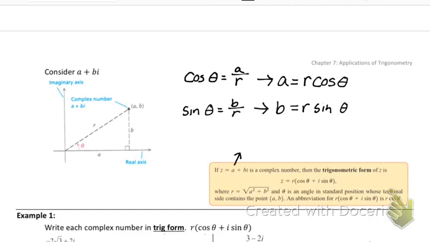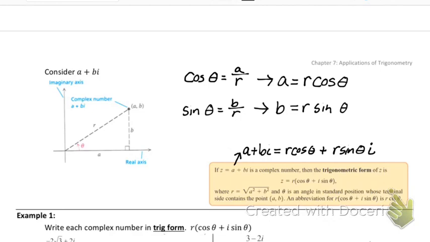This whole thing comes from the fact that a plus bi equals, if I substitute a in for it, r cosine theta plus r sine theta times i. And all I'm saying is you can factor out an r to get this equation. All I am doing is replacing my a's and b's with these values. That's all this is saying.